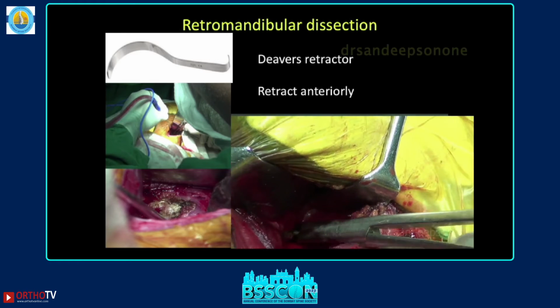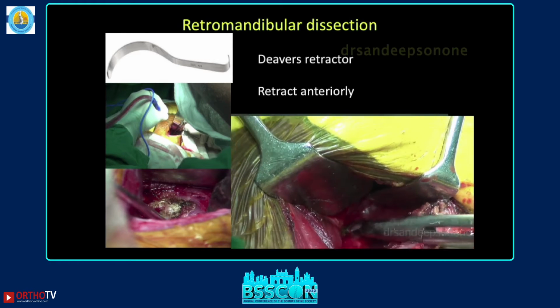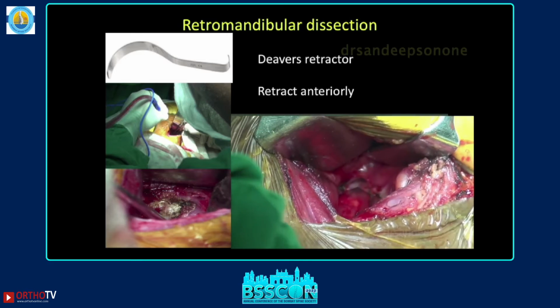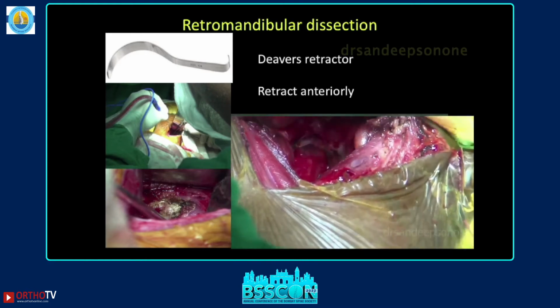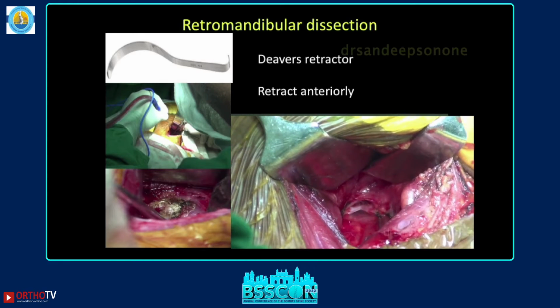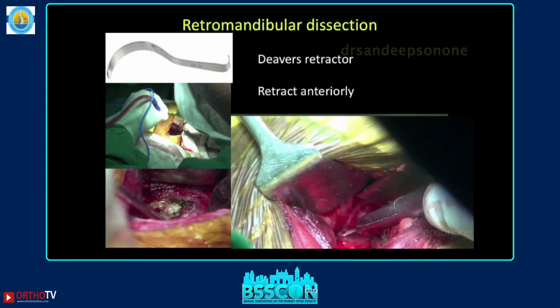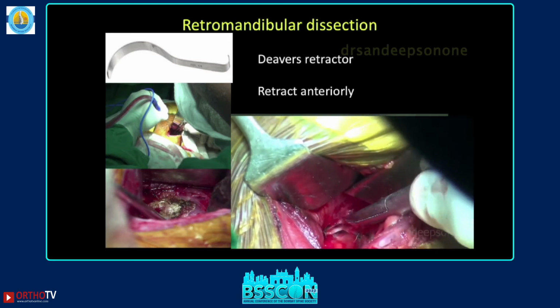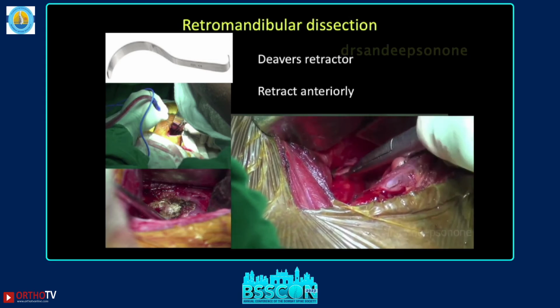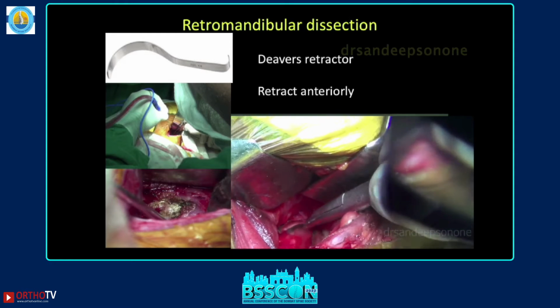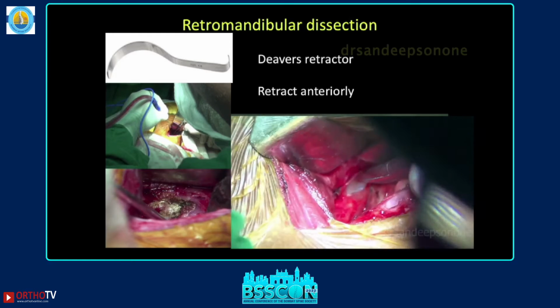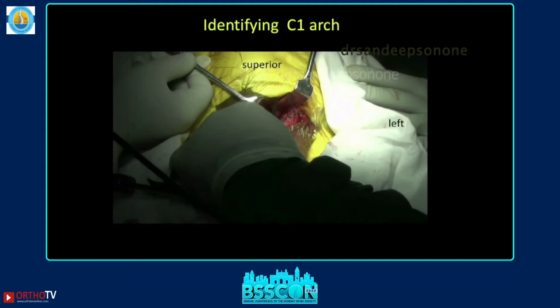Again, there are multiple feeders which cross the anterior aspect in this particular plane. It's important to identify these feeders or vessels and coagulate them. Once a proper plane is made up to the C1 arch, then the demarcation of longus colli on either side of the C1 arch is carried out.